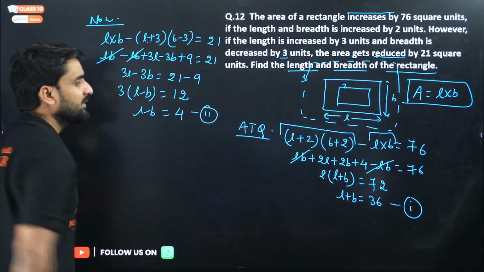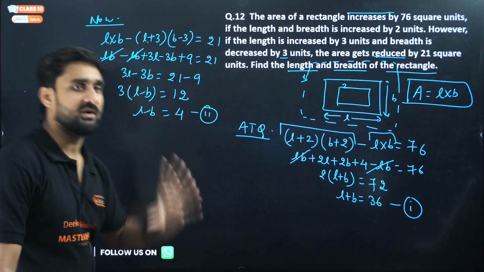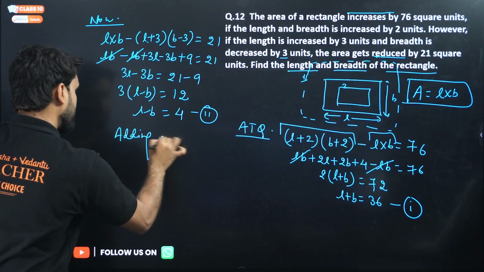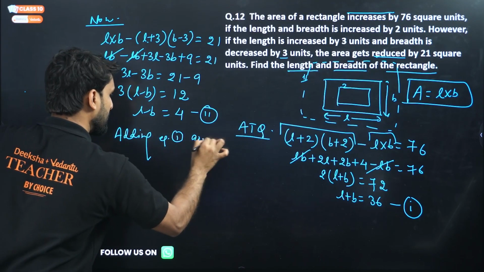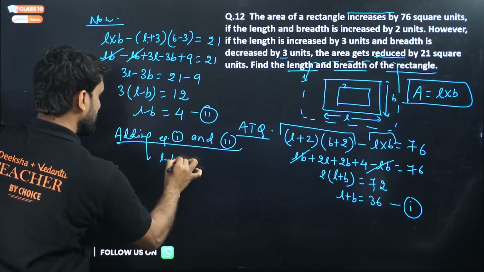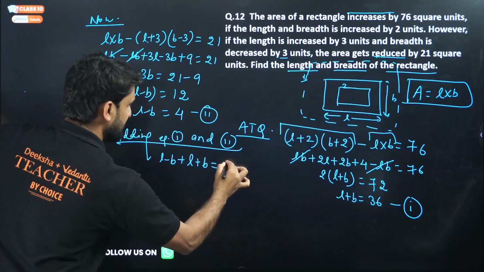What can we do here? We can add both the equations, because here B is in positive form, here B is in negative form. So adding equation number 1 and 2, what are we getting here? L minus B plus L plus B equals 4 plus 36.